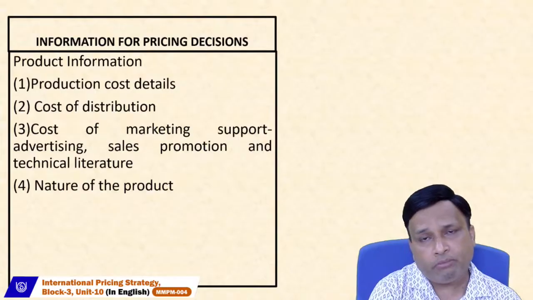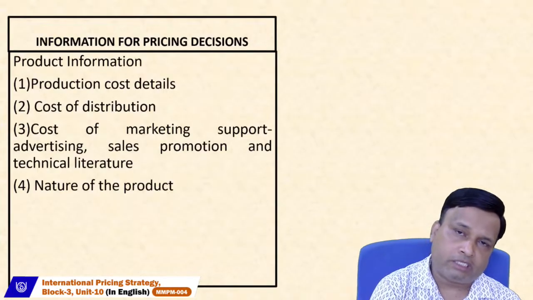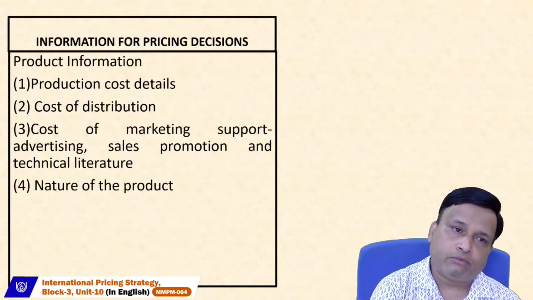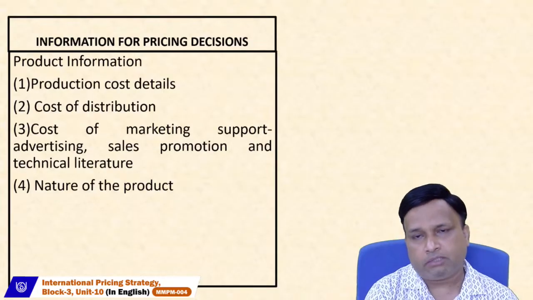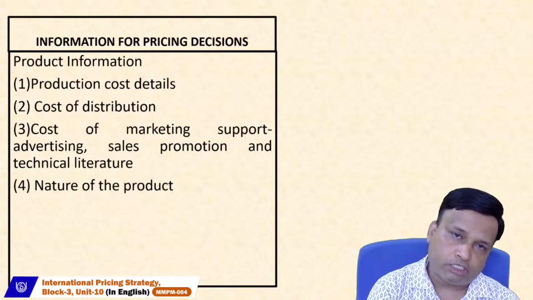But if it is a low-end product, it requires intensive distribution. So whether you are going for exclusive, intensive or selective distribution decides the cost of distribution. If it is intensive, the price involved in distribution is relatively low.